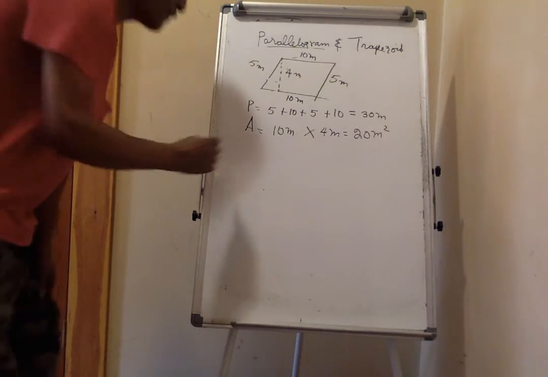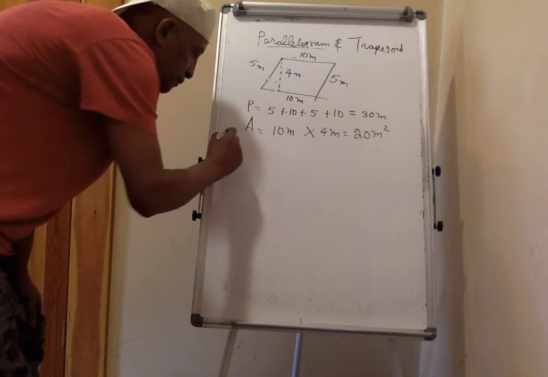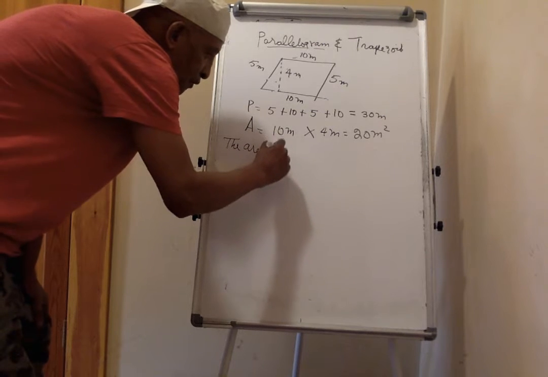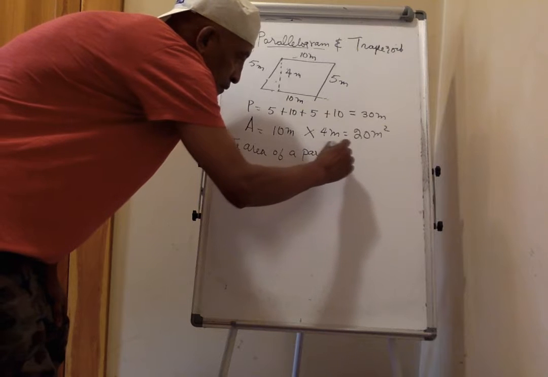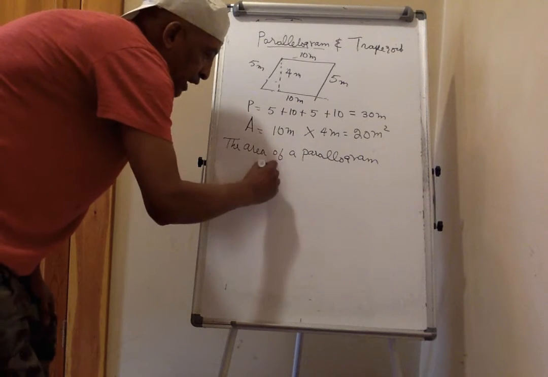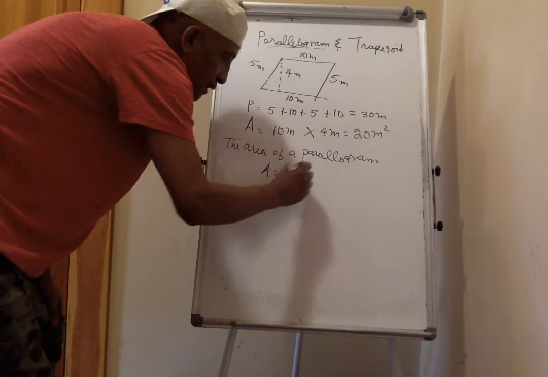That's why the area of a parallelogram A is base times height.